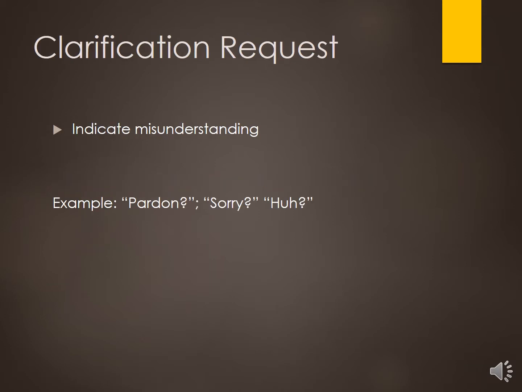Clarification request is a little bit more subtle. "I'm sorry, what did you say?" That indicates a misunderstanding, which would hopefully lead the speaker to see the error on their own and make that self-correction: "Oh, I'm sorry, I visited my aunt yesterday."